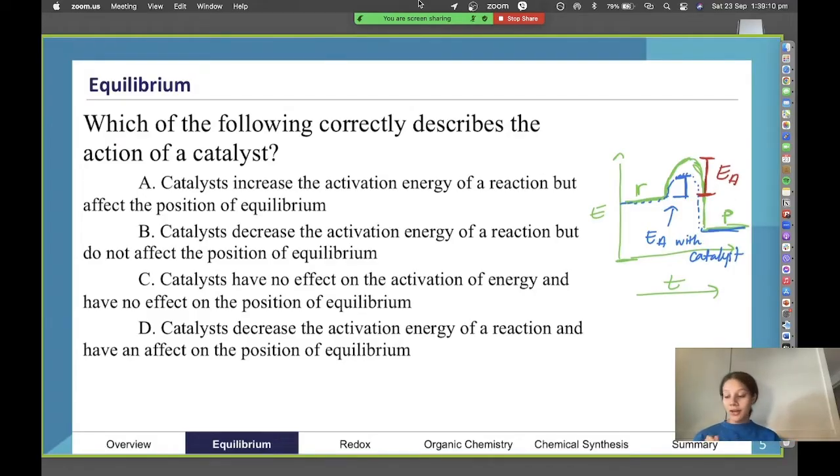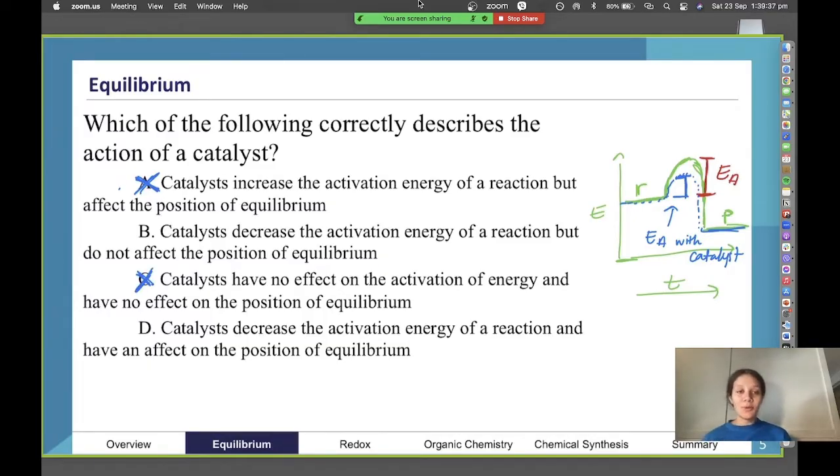Now we'll have a look at our options and see what we can rule out. We don't increase the activation energy, so we can rule out option A completely. We have decrease the activation energy, so B is still a potential answer. For C, catalysts have no effect on the activation energy, so that's going to be incorrect as well. And then D is also another possibly correct answer.